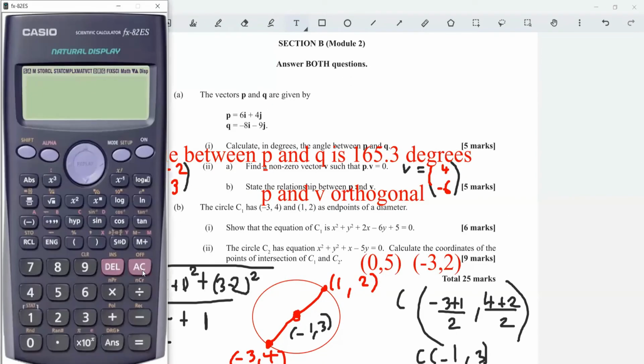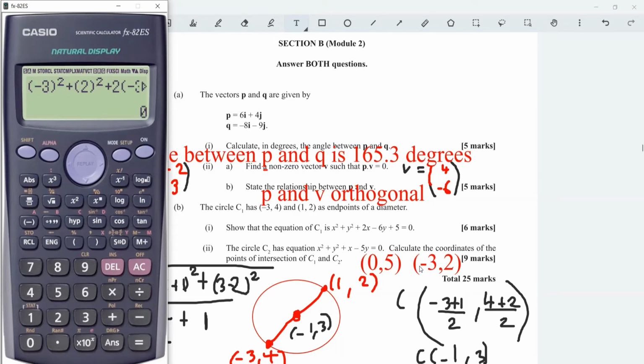Let's say we're checking in the first one. Let's try negative 3, 2. Negative 3 squared plus y squared, that's plus 2 squared, then plus 2x, that's 2 times negative 3, minus 6 times y, which is now 2, plus 5, supposed to get 0.